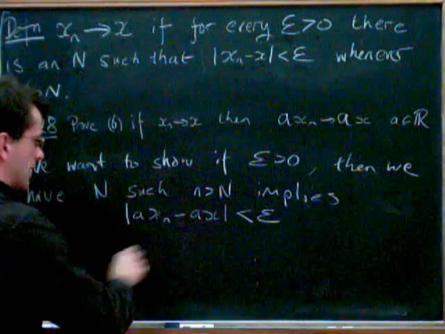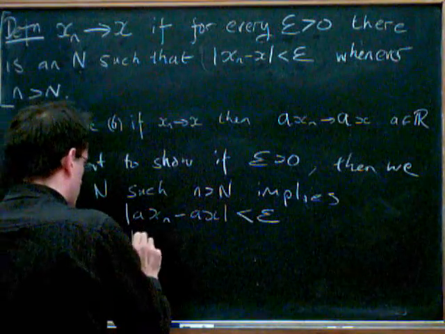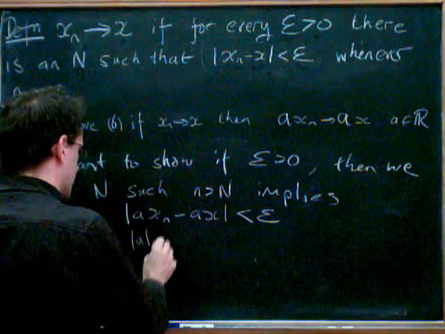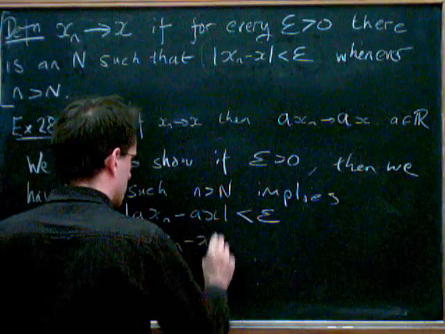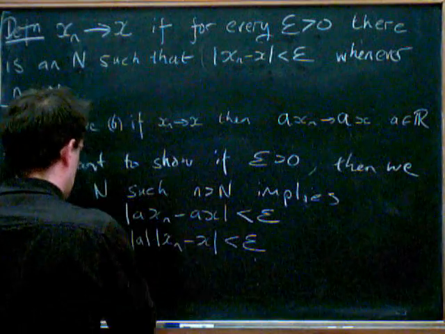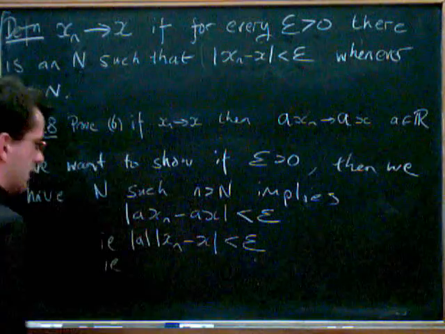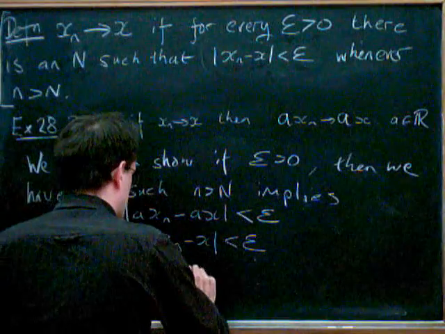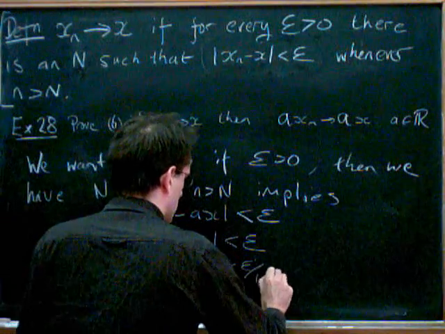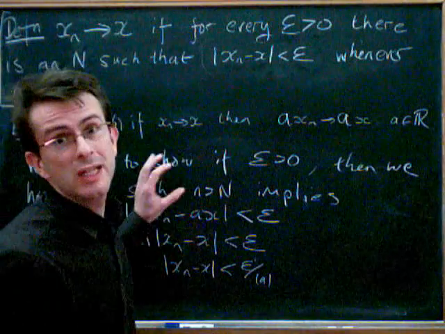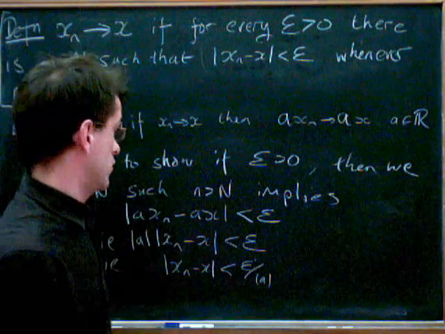We're going to do exactly the same trick. We're going to pull the a out. Here we have to be slightly careful, because a could be negative or it could be 0. It comes out with the modulus signs, so the modulus of a times the modulus of xn minus x is less than epsilon, which is the same as the modulus of xn minus x being less than epsilon over the modulus of a. But we can only do that when a is not 0.